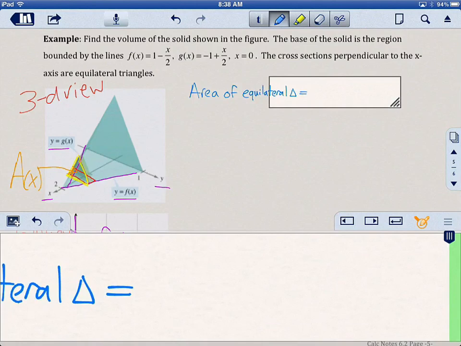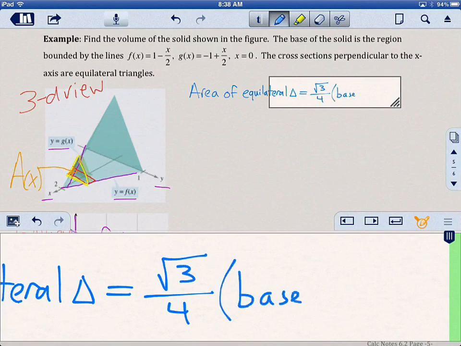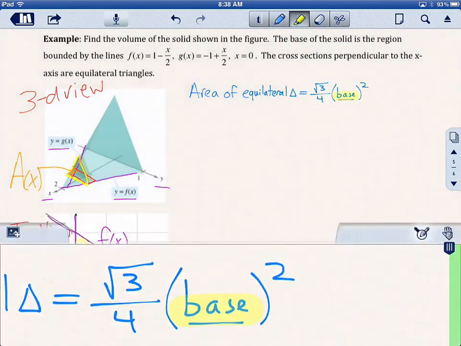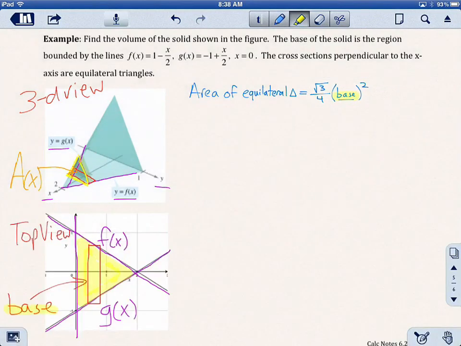You can just reference the formulas in the back of your book, but it's going to be the square root of 3 over 4 times base squared. And that base we're talking about is the base of the equilateral triangle, which you can see right here.